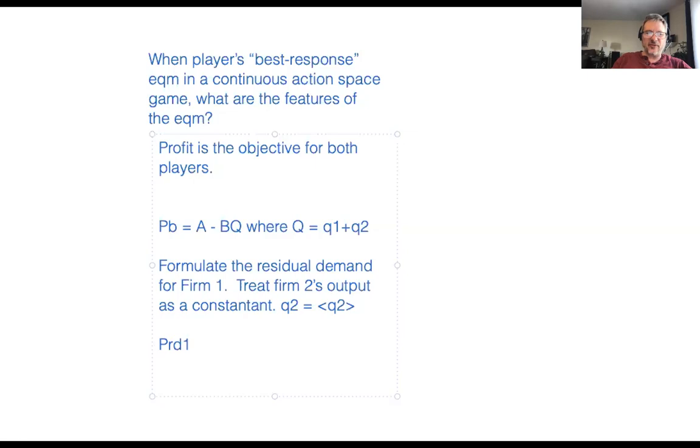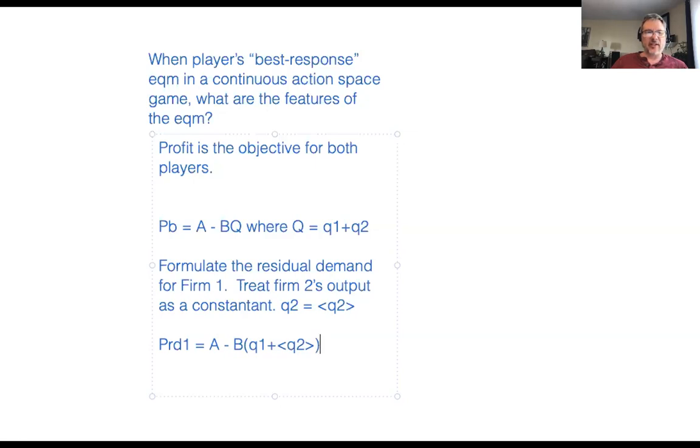And this is going to be for firm 1. So it's going to be A minus B, and now I'm going to say it's Q1 plus the constant amount from firm 2. Okay. Does everybody see what I did there?